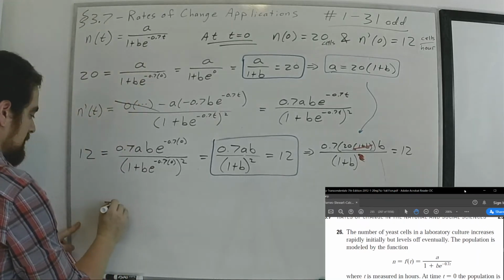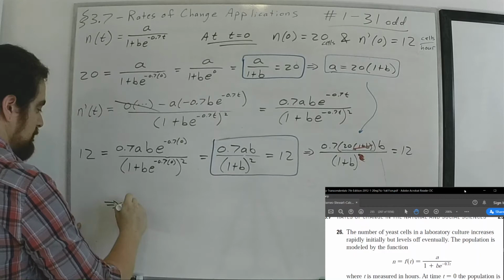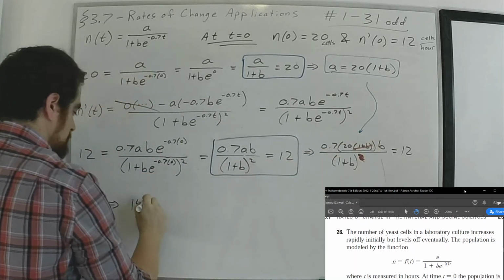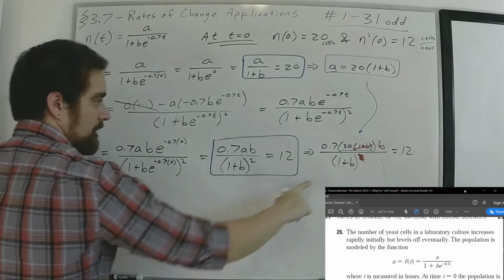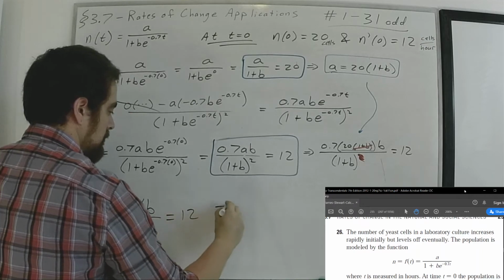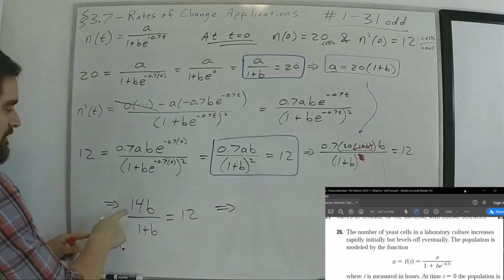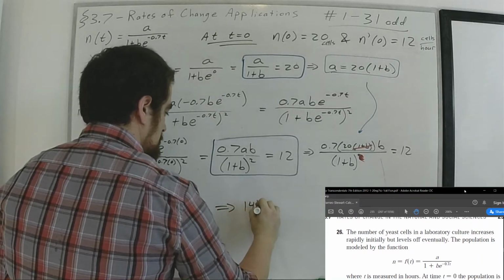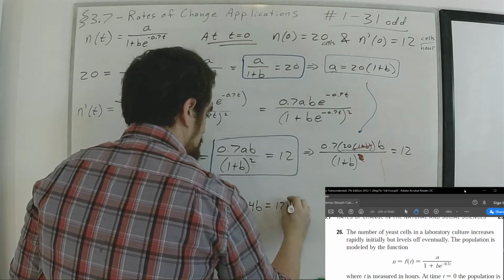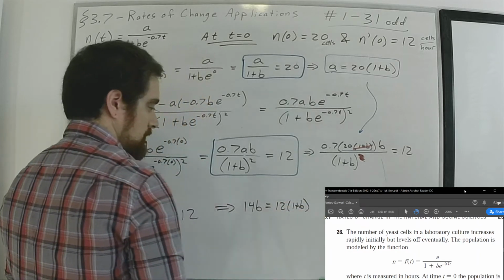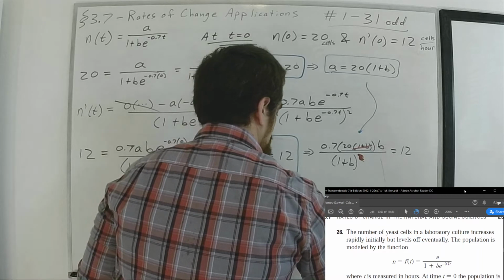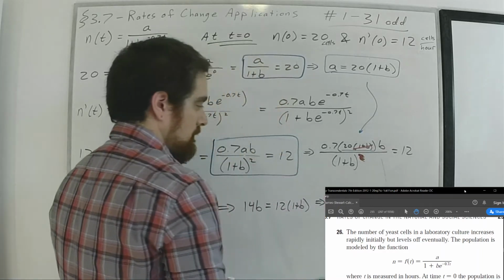So this tells me that I have 14, 0.7 times 20 is 14, times b over 1 plus b is equal to 12, which tells me that I have 14b is equal to, if I multiply both sides by 1 plus b, 12 times 1 plus b, which tells me I have 14b is equal to 12 plus 12b.